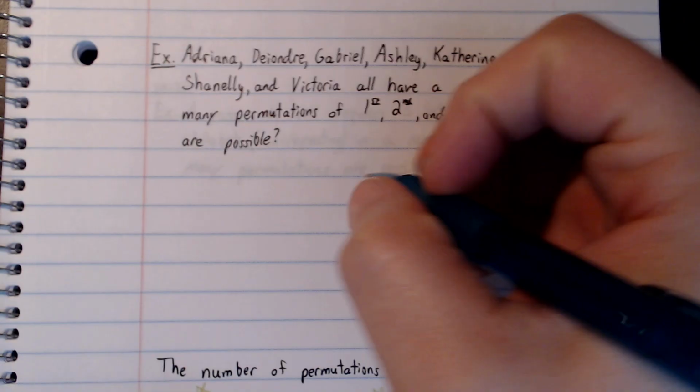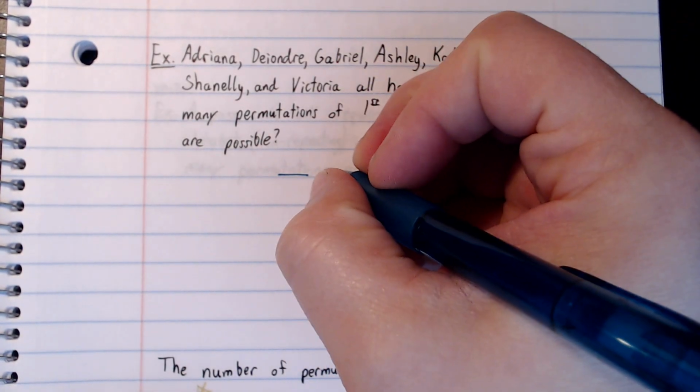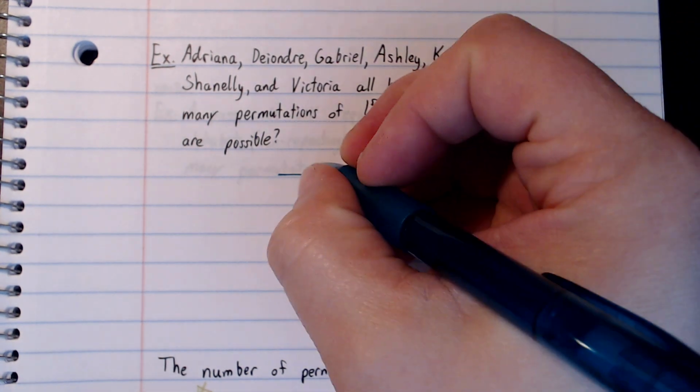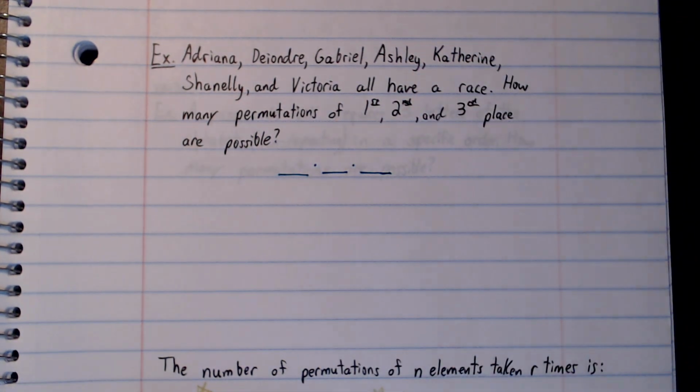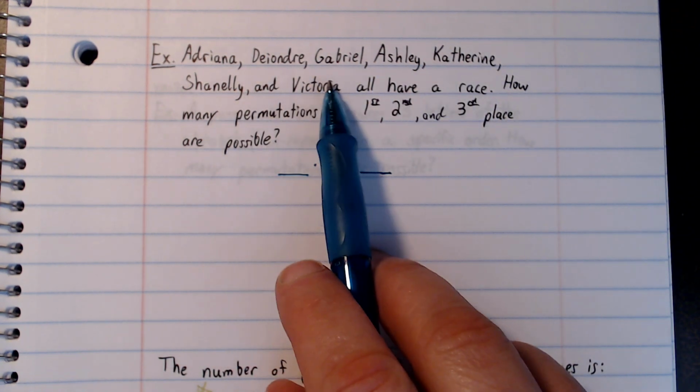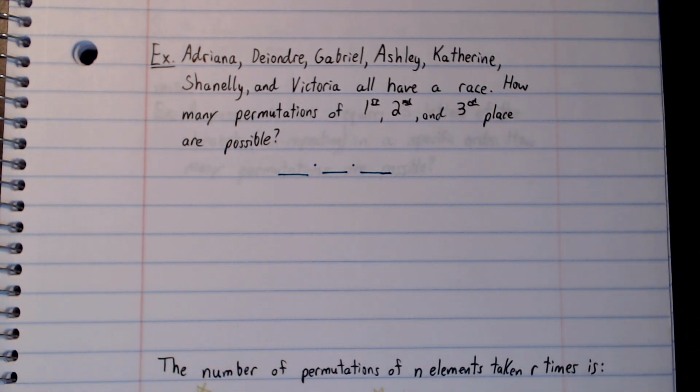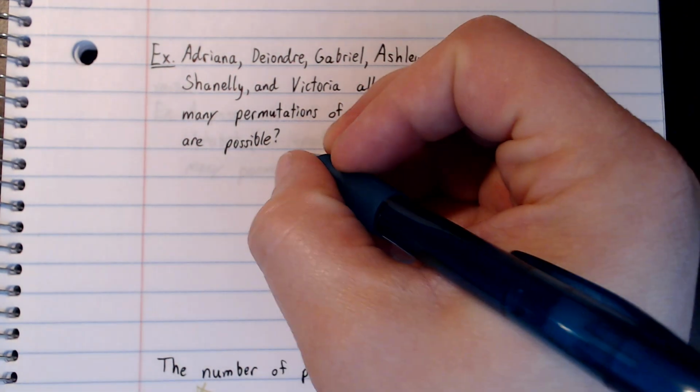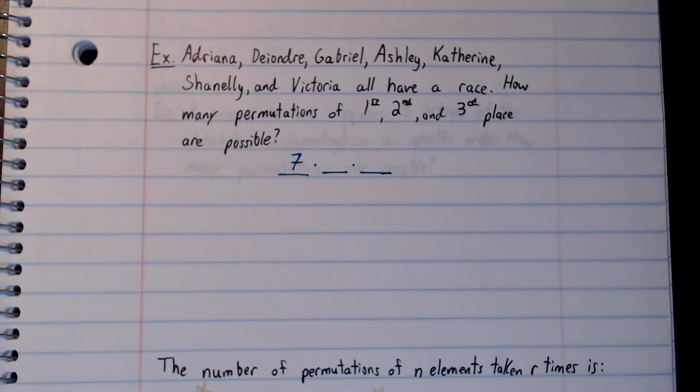Placement matters here: first place, second place, and third place. How many people are running? We've got 1, 2, 3, 4, 5, 6, 7 different people running. So there could be 7 people who win first place. Not that all 7 of them would win at the same time, but there's 7 different options of who could win. So we definitely have 7 for that first spot.